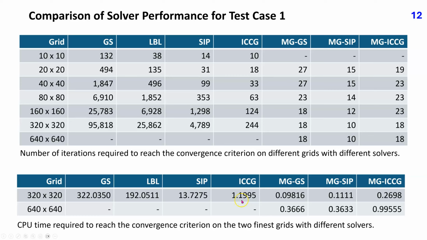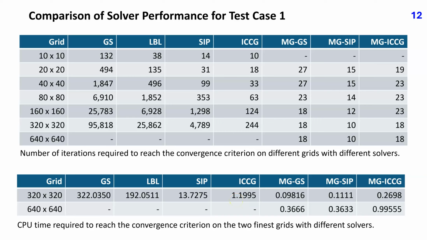The second table shows the computing times required on the same computer to obtain converged solution on the two finest grids with various solvers. On the grid with 320 by 320 control volumes, ICCG consumes 11.4 times less computing time than SIP, although it needs 19.6 times less iterations.